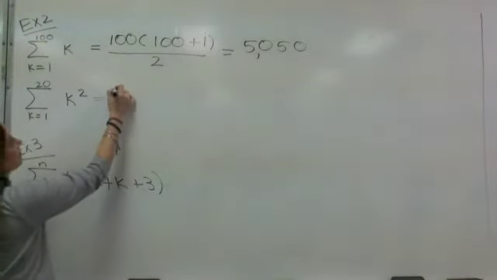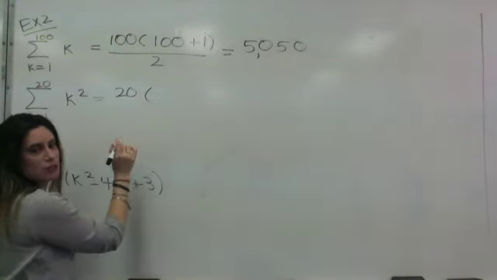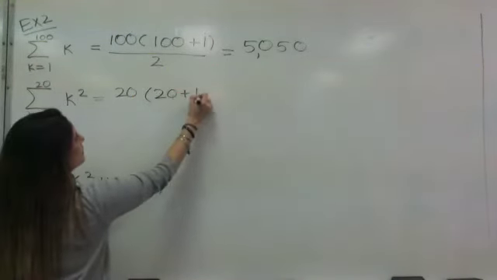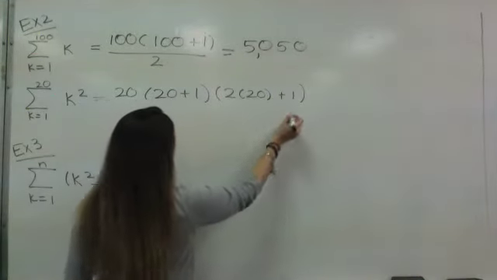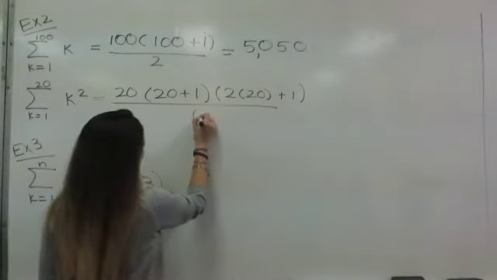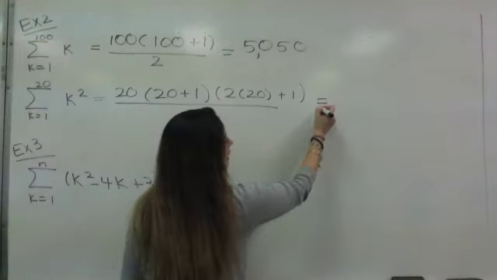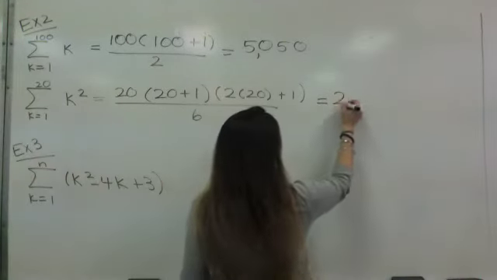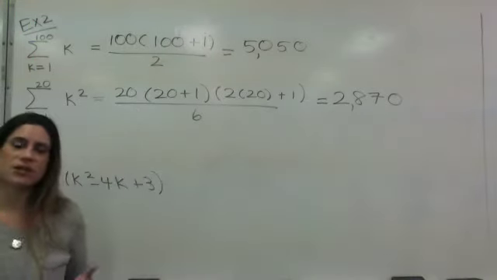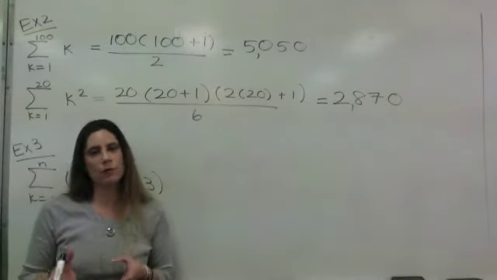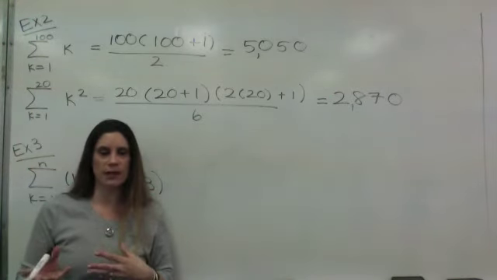So that'll be 20 times, I am using my notes, 20 times 20 plus 1, 2 times 20 plus 1, that's all multiplied out, all over 6. And again, that's a lot easier to type into your calculator, and you get 2870. So that's a lot faster when you know the formulas. And again, remember we're going to use these for Riemann sums and rectangle stuff in a few minutes.